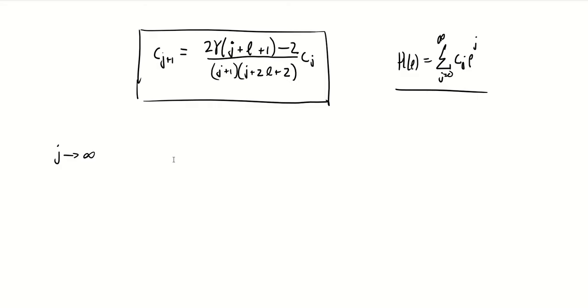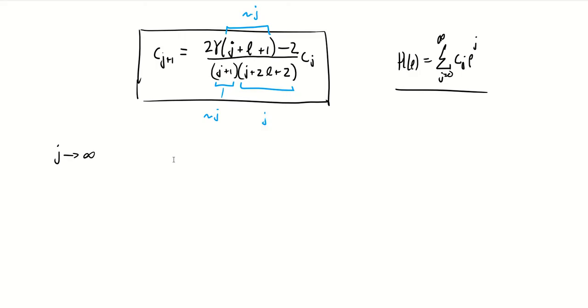If we look at this, this term in brackets here is essentially just going to be j. Likewise, this term in the bracket and that term in the bracket for really large j are essentially just j, right?